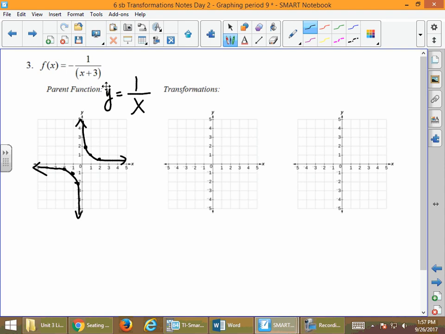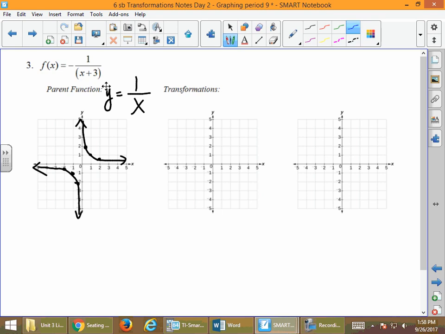Again, we only have 2 transformations. The first transformation is occurring because there's a negative outside of the function. And when we have a negative outside the function, how does that transform the function? What does it do?